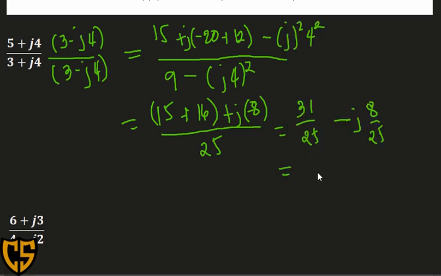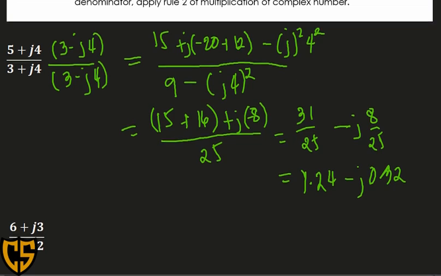So that is 1.24 minus j times 0.32. That is how we solve division of complex numbers in rectangular form.